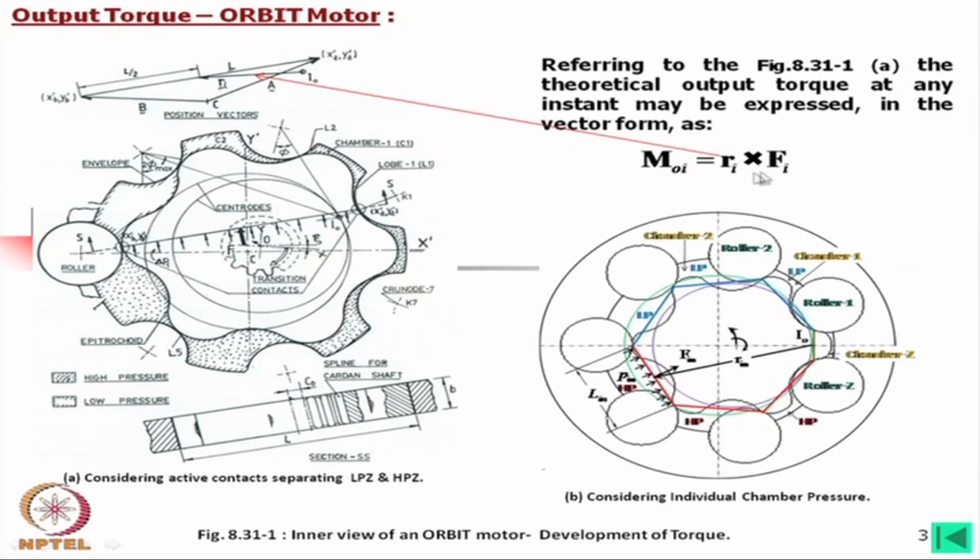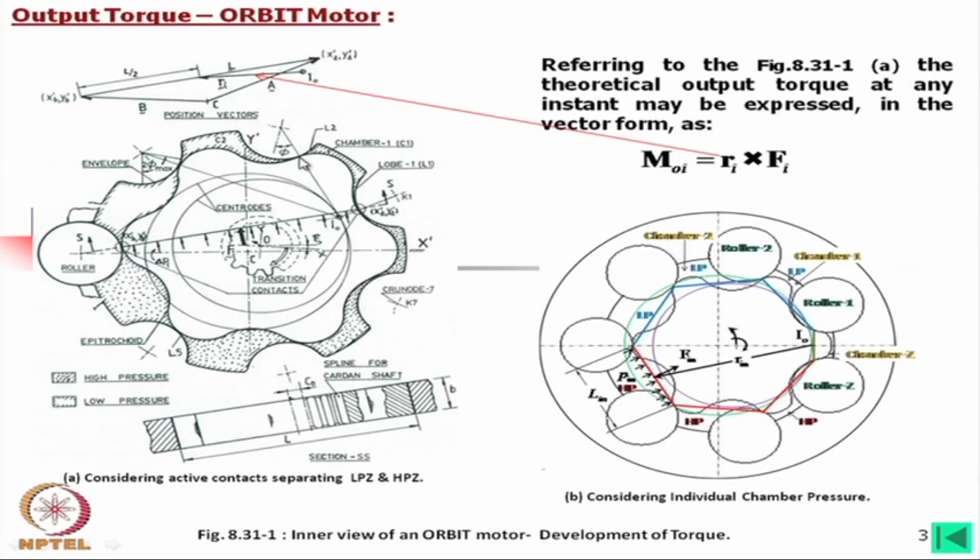Now, in this case, we have considered the high pressure zone and low pressure zone separated by this line, and these two contacts we may consider active contacts. First of all, these two contacts are active contacts.